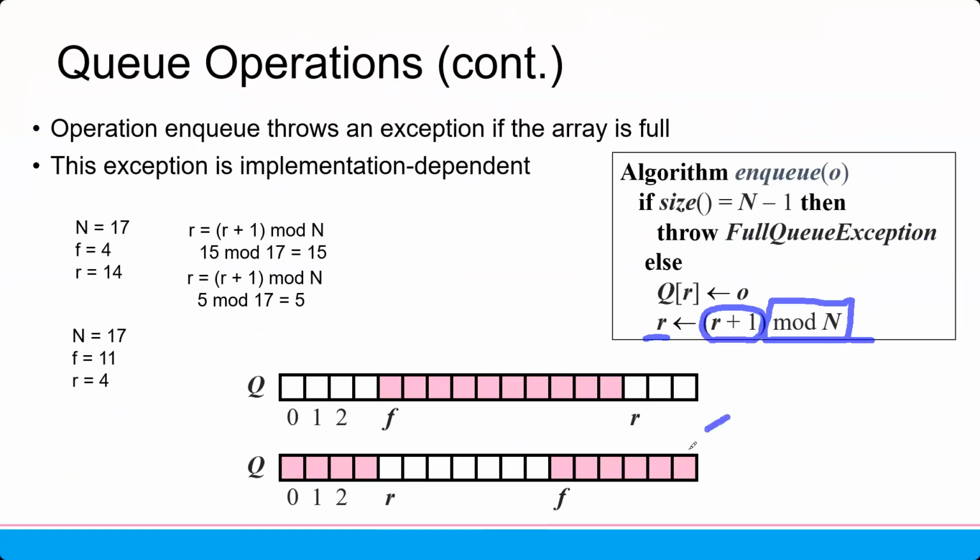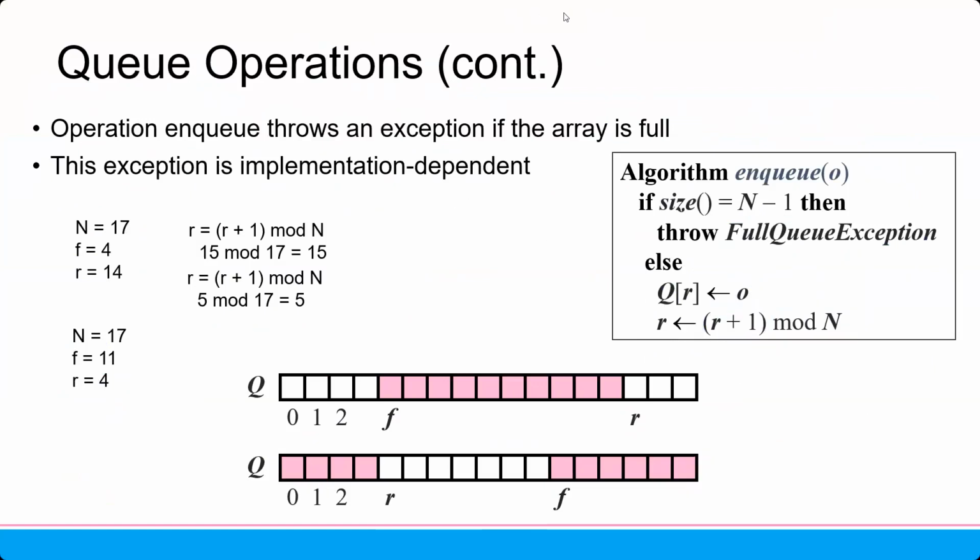Because when R is at the end and the next new element is inserted into index 0, the next R will be at the beginning. If we keep doing R plus 1, R plus 1, it will exceed the range. So to keep the value between 0 and 17, we use the mod.